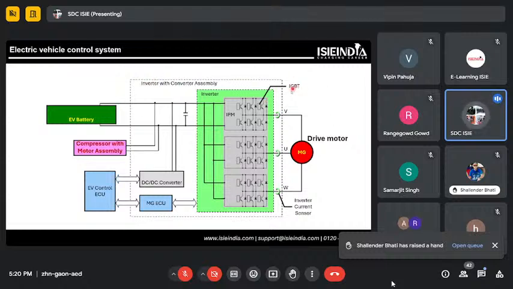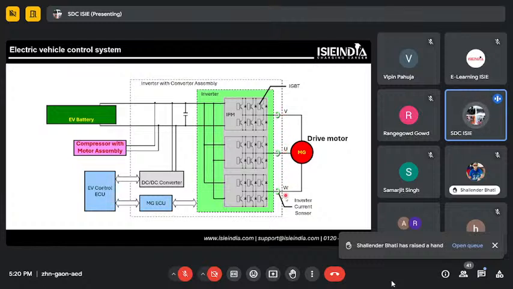In some cases MOSFETs are there, in some cases IGBTs are there, right? So here we have seen that we are giving a power supply to the EV battery, through the EV battery to the controller, through the controller inverter. So this was B1, B plus and B minus.